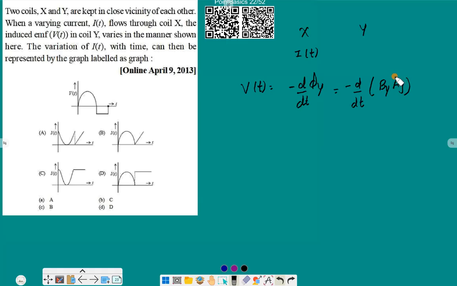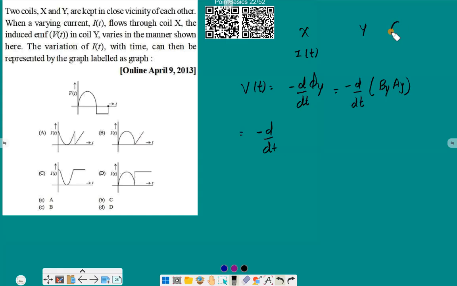Suppose the magnetic field at Y is equal to the magnetic field at the center of X. We are just assuming that the magnetic field at the center of X is equal to that at the center of Y, so that we can take a simpler expression.